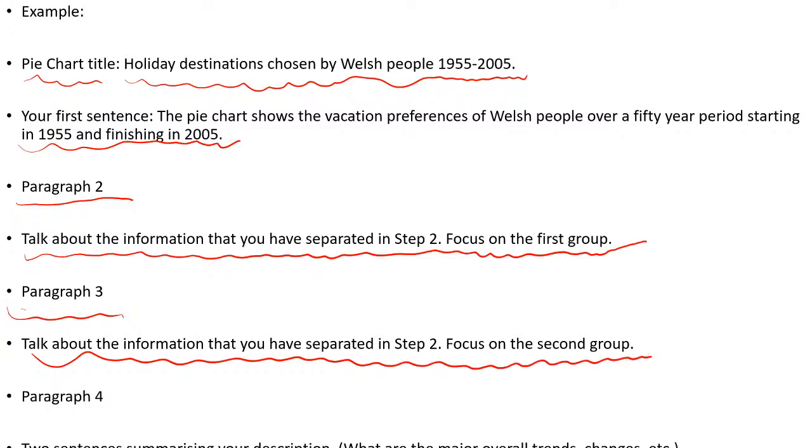Once you are writing the second paragraph, you need to focus on the first group's information, and when you are writing the third one, you need to focus on the second one, and when you write the fourth one, you need to focus on the information separated there.